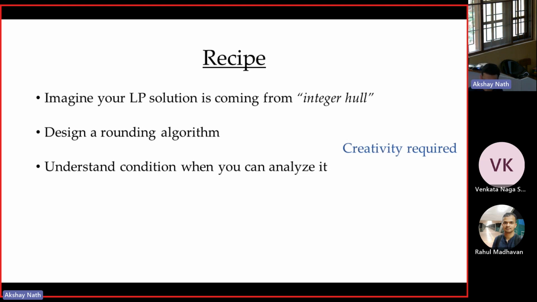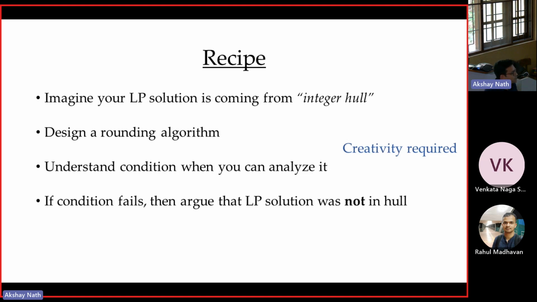In this case, it failed because the knapsack was leading to a smaller thing. And if you can then say that the reason it failed is a linear reason in some sense, I can derive a linear inequality out of it which separates it. Then the round of cut will work. So if the condition fails, then argue that the LP solution was not in the hull.